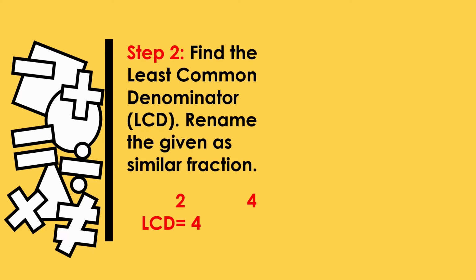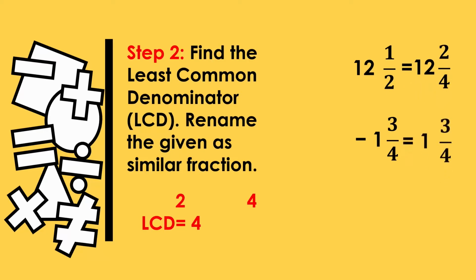Rename the given as similar fractions. The denominators are 2 and 4. Their LCD is 4. 4 divided by 2 times 1 is 2. So, 12 1/2 will be 12 2/4. Since 1 3/4 has 4 as denominator, it will remain the same.